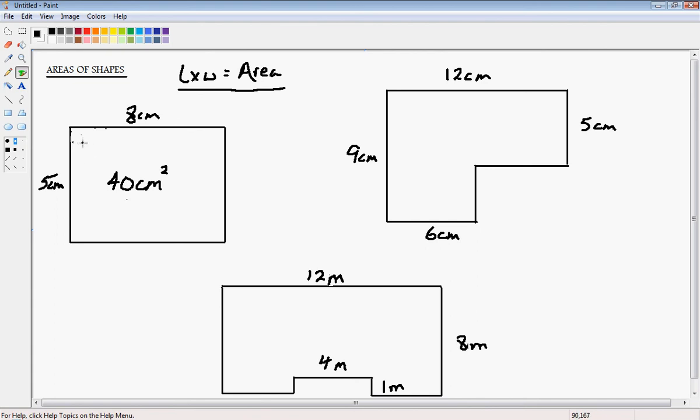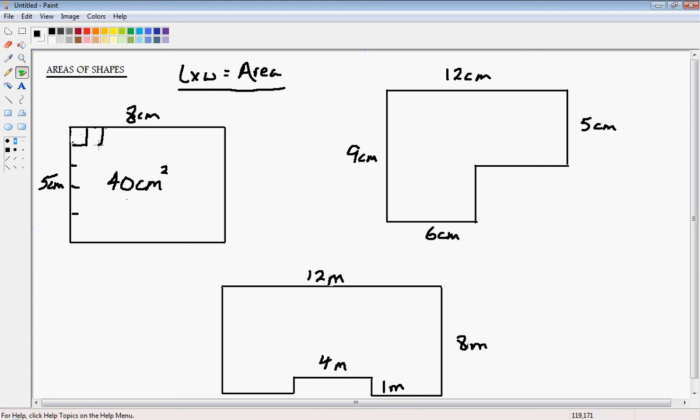Now, the reason that this works is that if I divided this 5 centimeter line into 1 centimeter parts here, okay, not very even, but we've got 1, 2, 3, 4, 5 here, and then I drew lines across, and then I did the same 1 centimeter rows here.